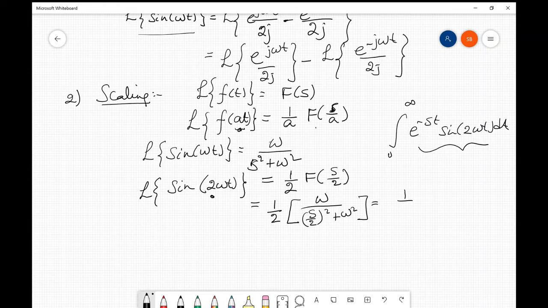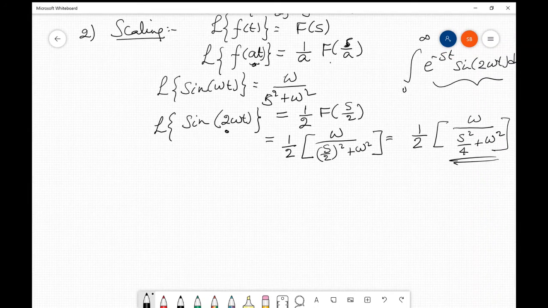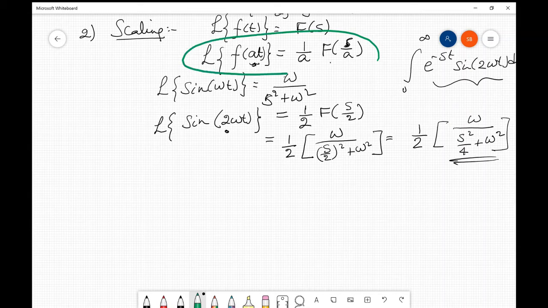So that would give us 1 over 2 times omega over s squared over 4 plus omega squared. That can be simplified further, but to make our point here, that would be enough. So this is our second property.